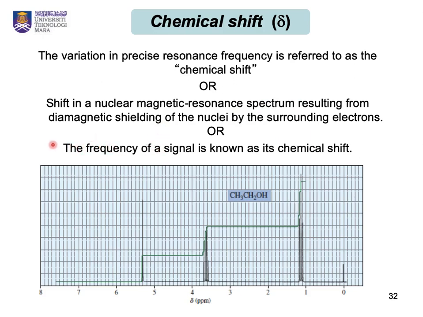Or you can define the chemical shift as the radio frequency, or the frequency of the signal, is also known as the chemical shift, right. Or the precessional frequency of a particular proton or particular nuclei of a signal is also known as the chemical shift. So meaning that these signals are the frequency of particular nuclei.